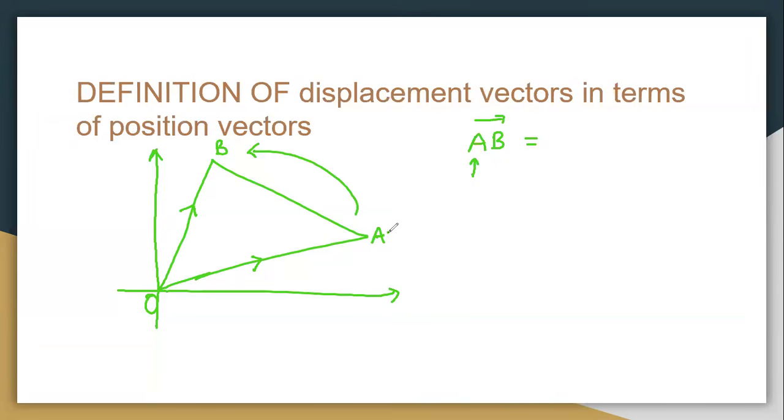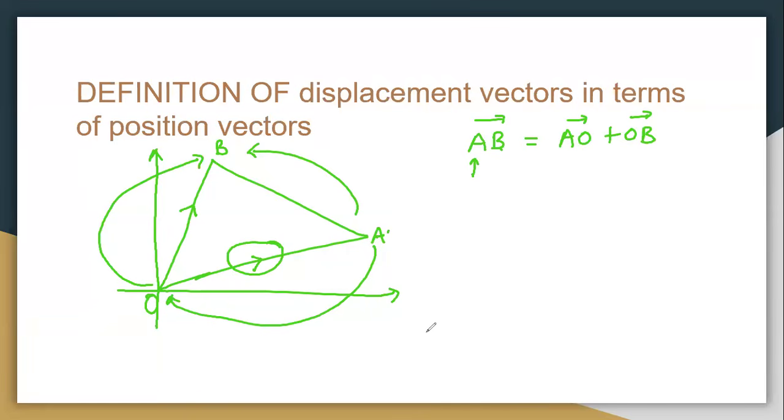So we start from A and we move towards B. So I have A to O, then from O, I go to B, plus O to B. Now that is by definition. But from vectors, we know that when you look at the direction we have taken, we have opposed our initial arrow. So please take note that A to O is the same as negative O to A.